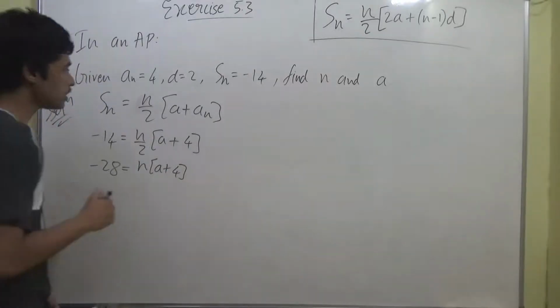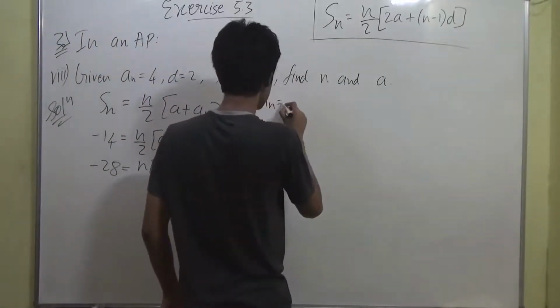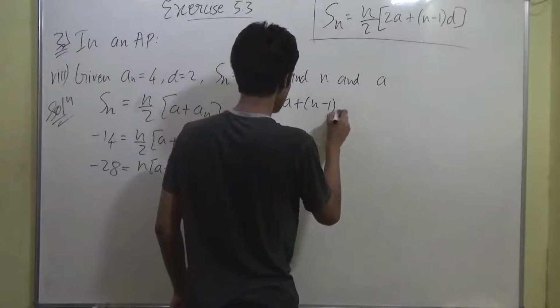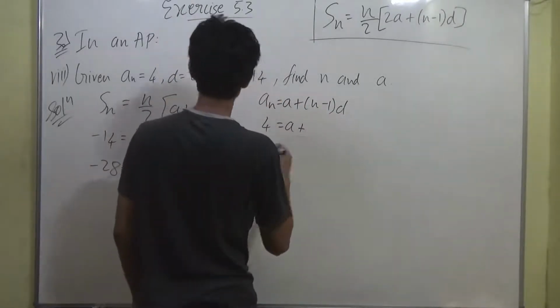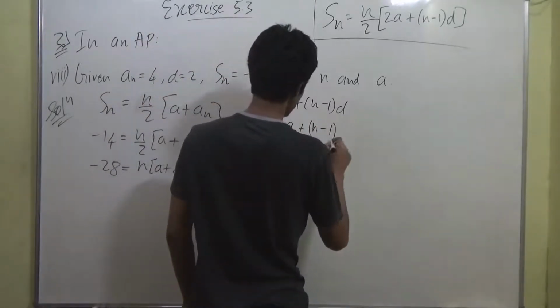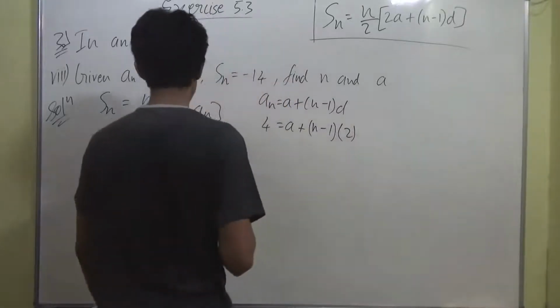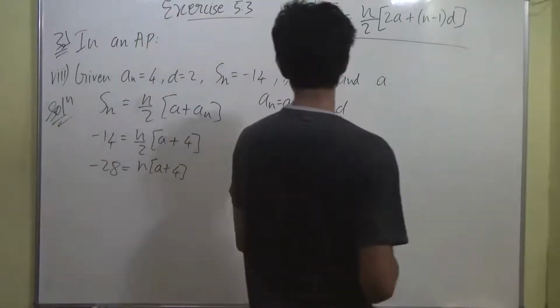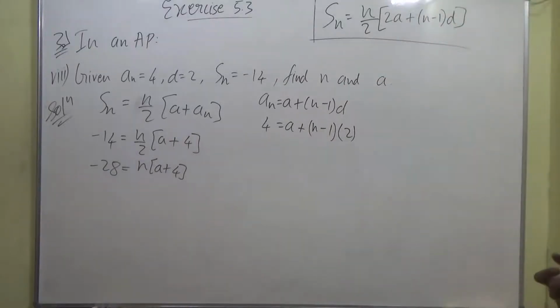Now one more equation we can form from the a of n formula. a of n equal to a plus (n minus 1) into d. If you put all these values, it's going to become 4 equal to a plus (n minus 1) into 2. So this will become the formula. Now what we have to find is the value of a and n, right?